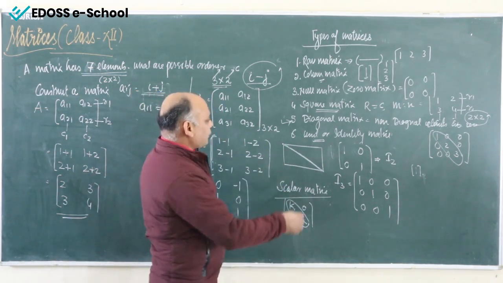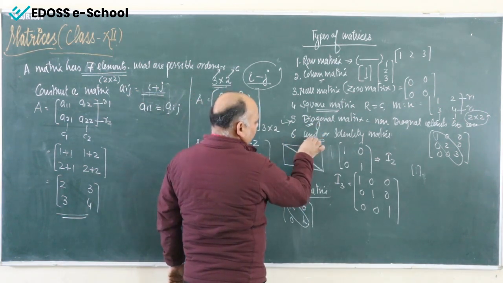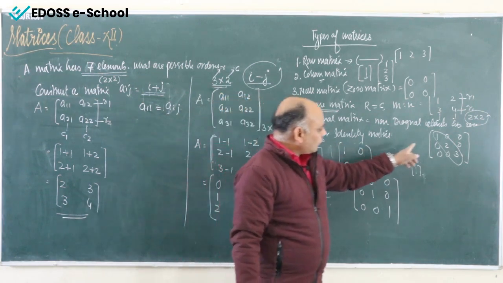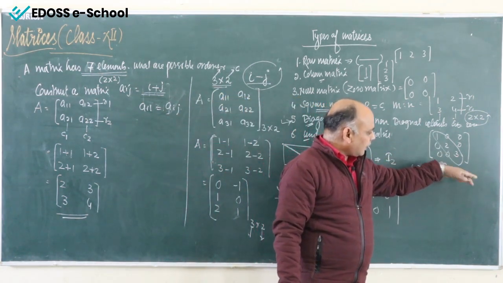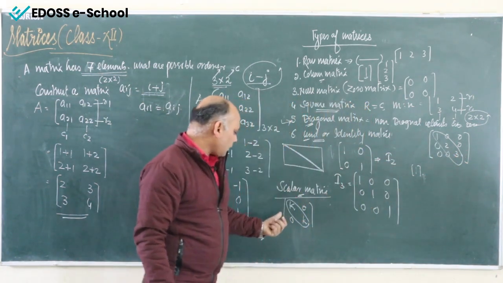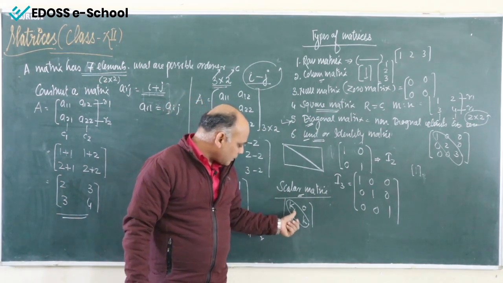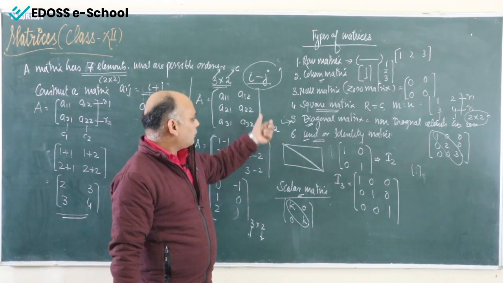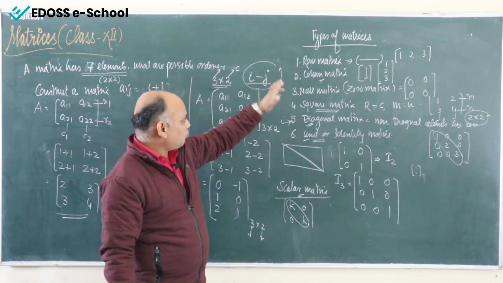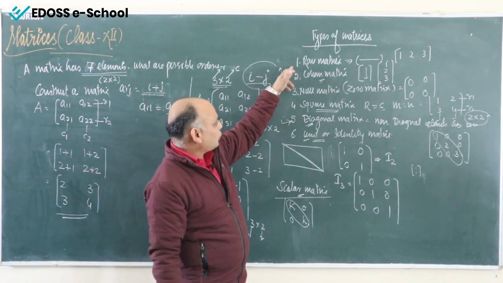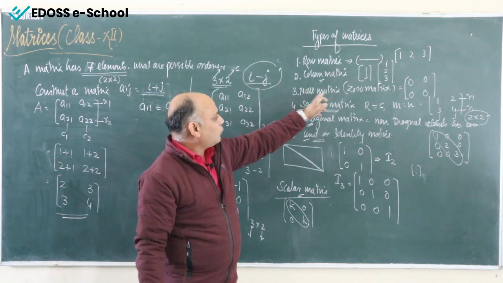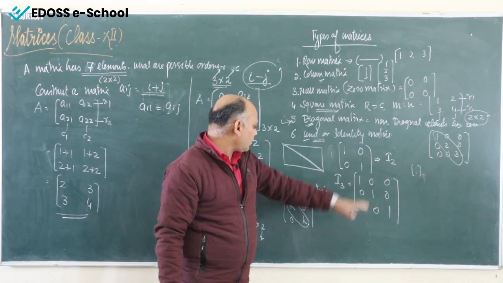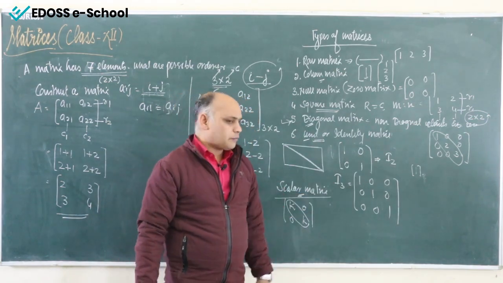There is a difference between a diagonal matrix and a scalar matrix. In a diagonal matrix, the elements in the diagonal are different, but in a scalar matrix, all the elements in the principal diagonal are the same. Then there are 7 main types of matrices: row, column, null, void or zero, square, diagonal, unit or identity, and the scalar matrix.